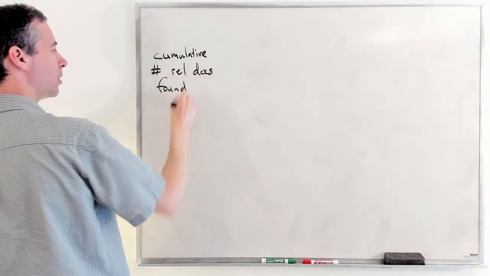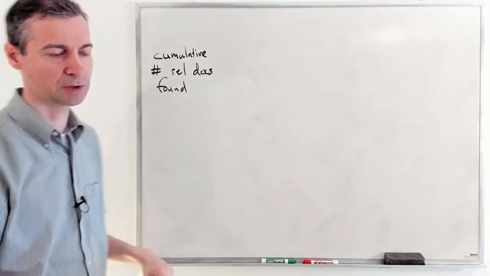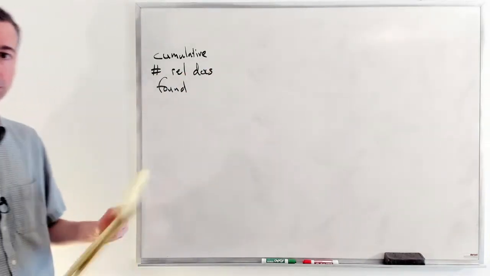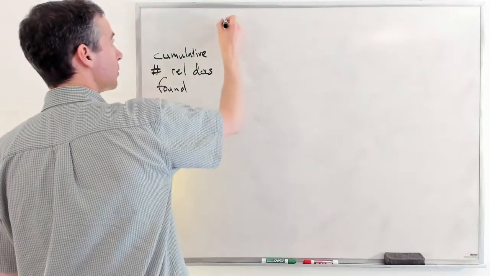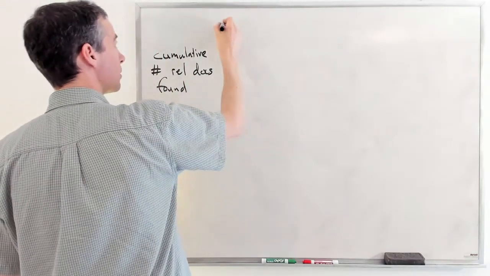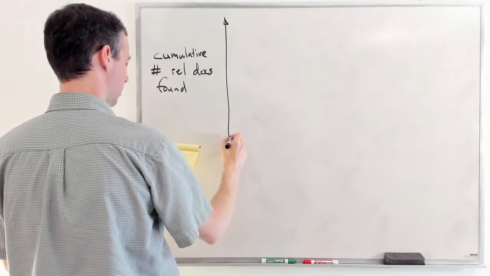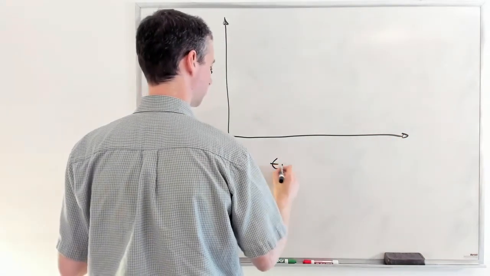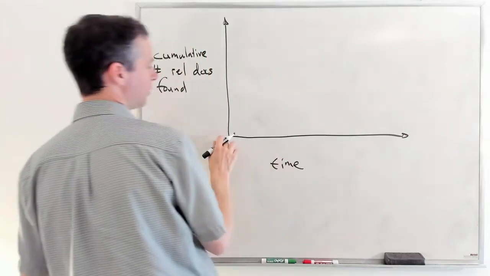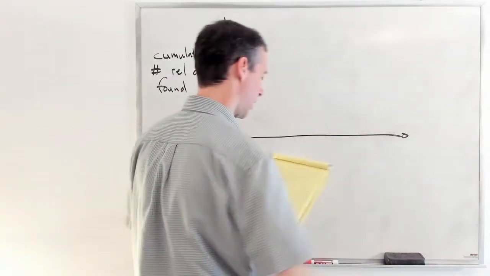So you find one, you found one relevant document. You find another, now you found 2, and another you found 3. It accumulates, okay? We're going to make a nice axis here. And then on the horizontal axis, we're going to put time, with time increasing. So this is time 0 on out.